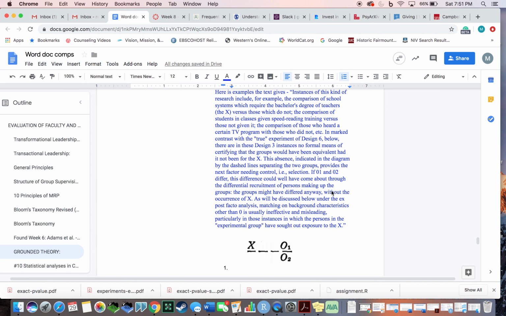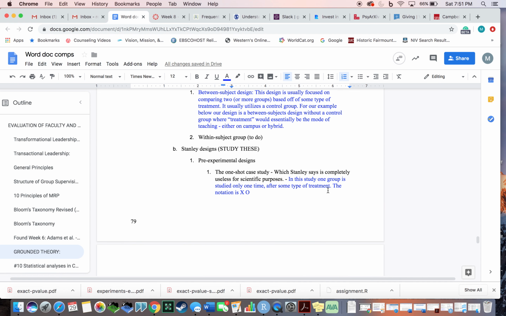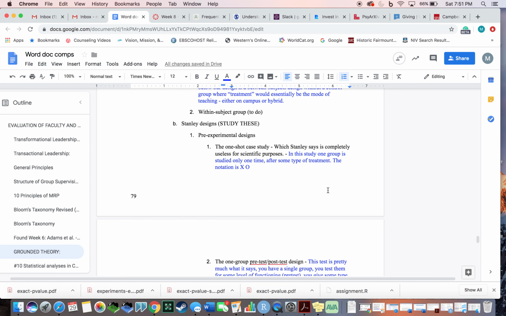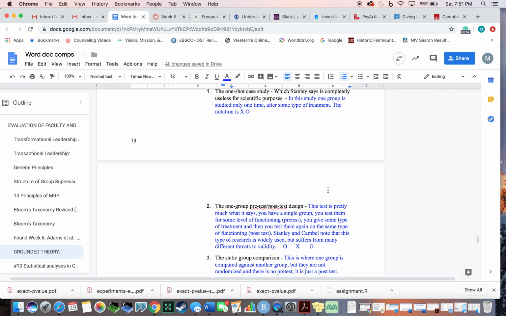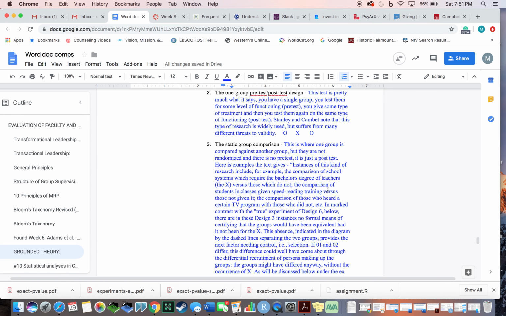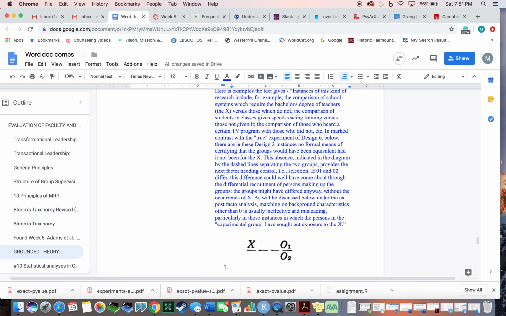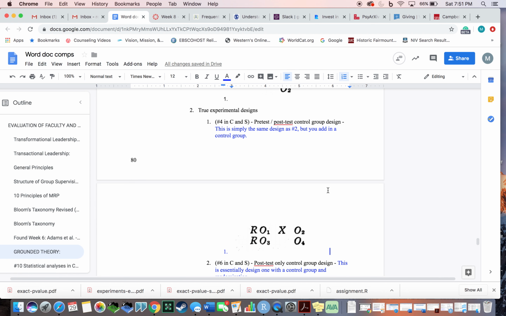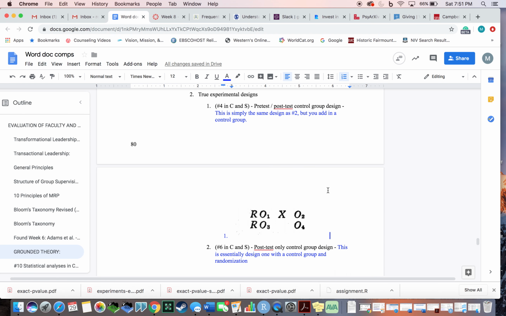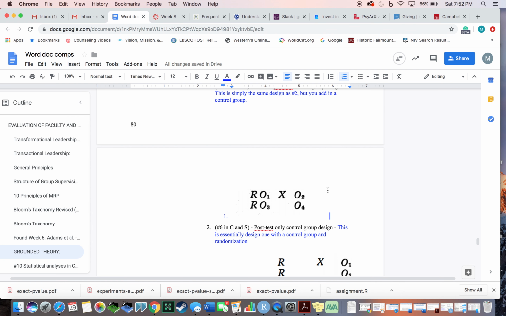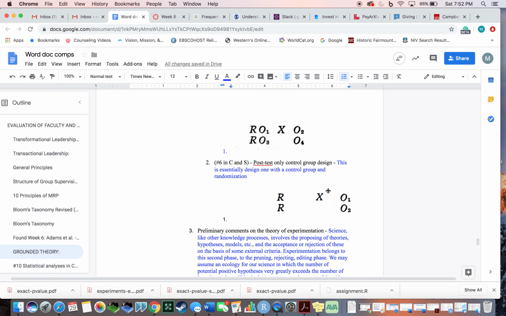Okay, so that's essentially all the experimental designs that we have. We have the one-shot case study. We have the one group pre-test, post-test design. We have the static group comparison. We have our true experimental designs, the pre-test, post-test control group. We have the post-test only control group, okay?